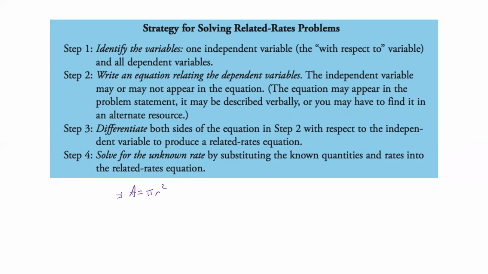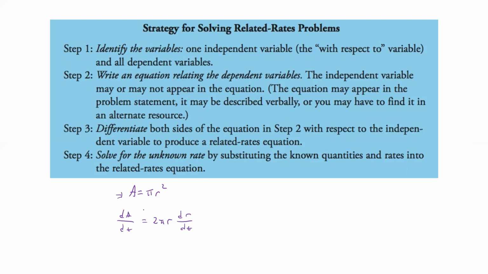So we're going to take the derivative with respect to t of A, and then the derivative with respect to t of r. And so what we're going to get is something out of there. Then we'll have two rates. We have dA/dt, and that's going to be equal to 2 pi r times dr/dt.